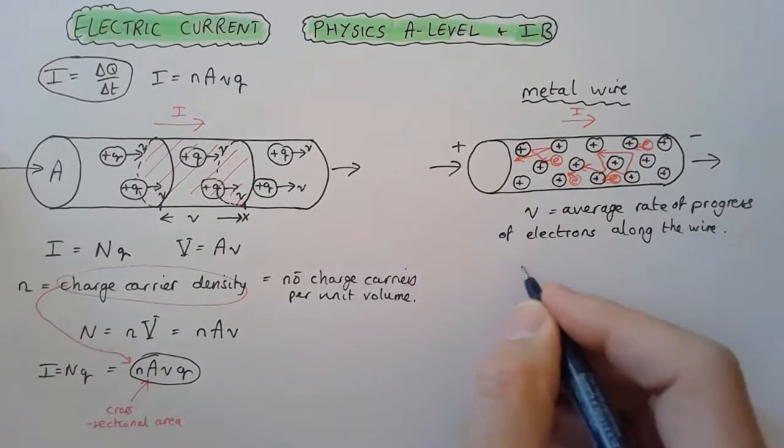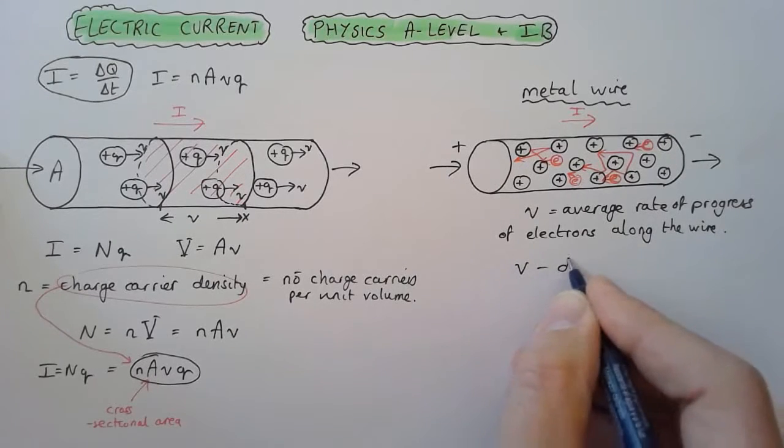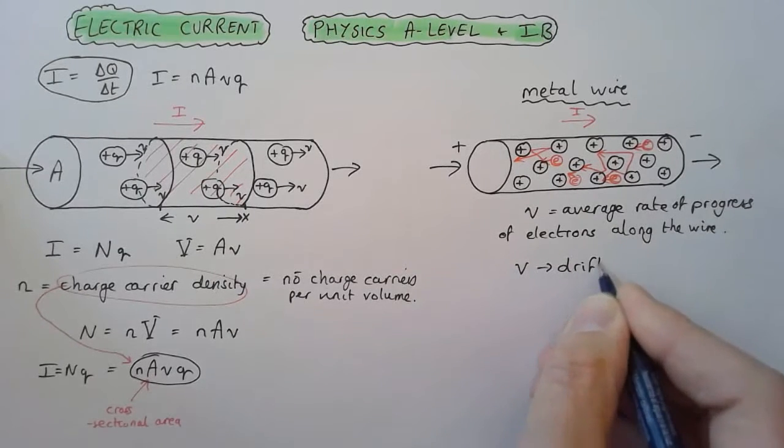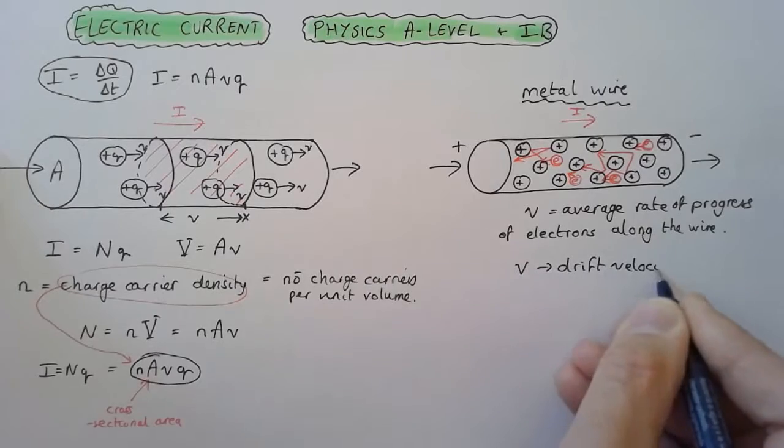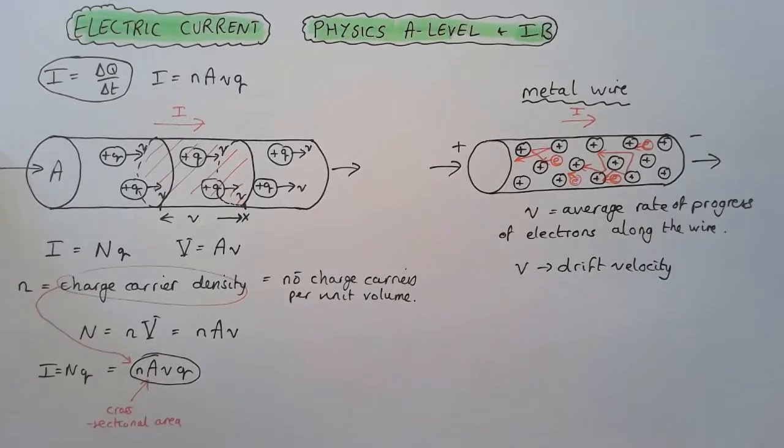And we just call that the drift velocity. Now that's likely to be a lot smaller than the speed of freely moving charges in a pipe in a vacuum.